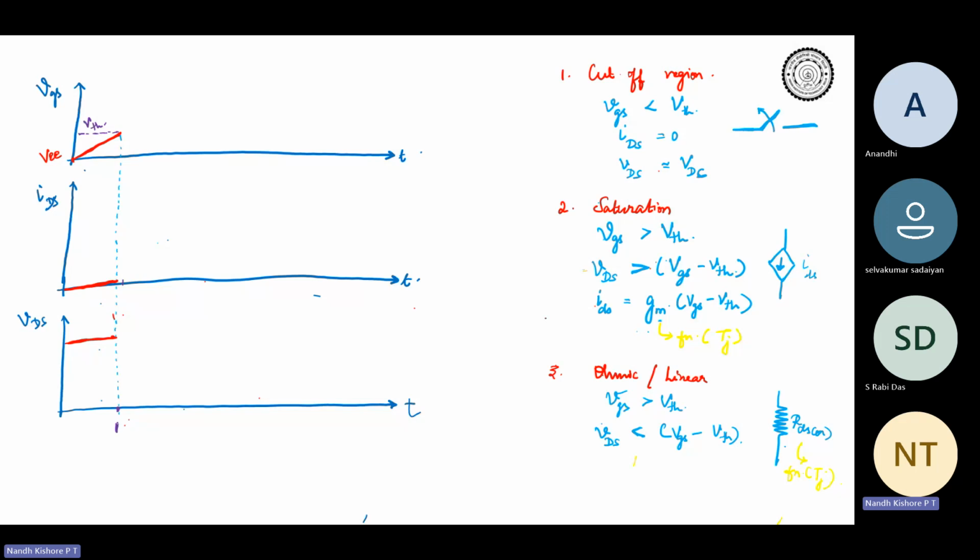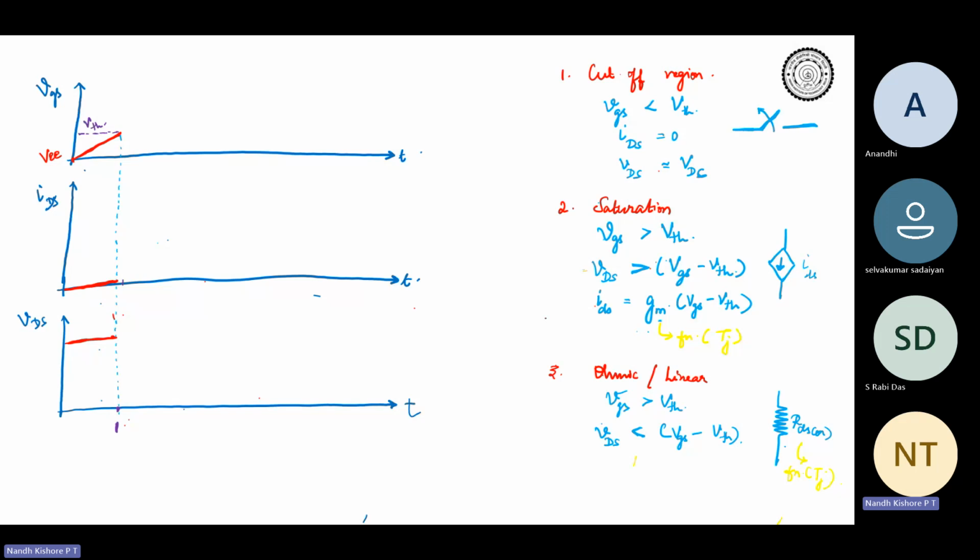Just before instant 1, the device was in which region? Cutoff region, correct.